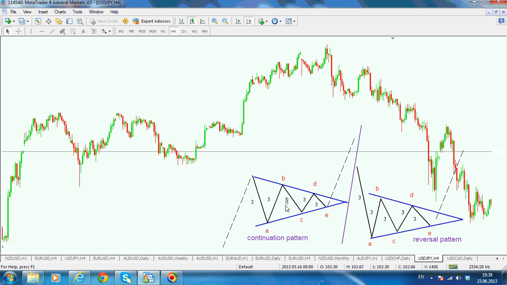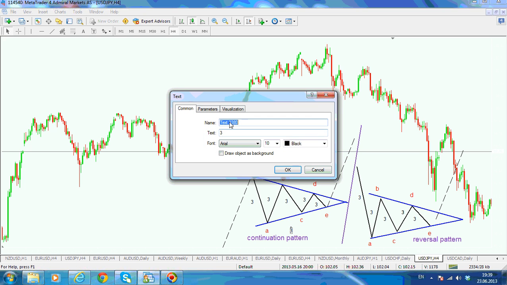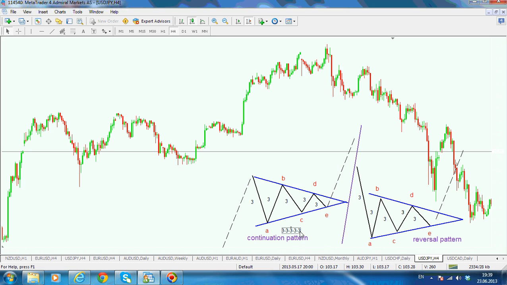That makes the continuation pattern and also the reversal pattern, being contracting triangles, in the form of 3, 3, 3, 3, 3. So 5 waves of a lower degree out of this sequence.